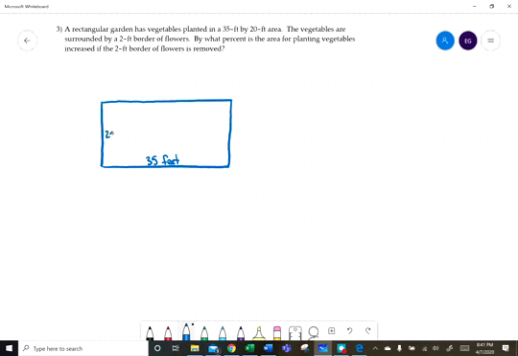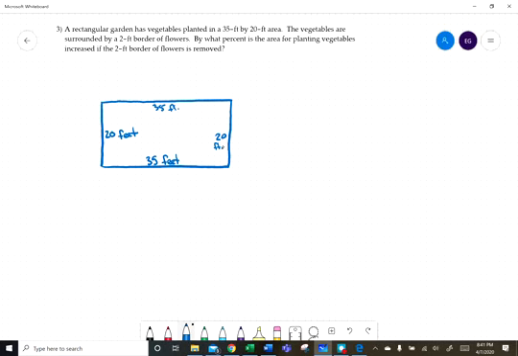This is 20 feet. And of course, if the left is 20, that's also 20 on the right. If the bottom's 35, the top is 35 as well, feet.